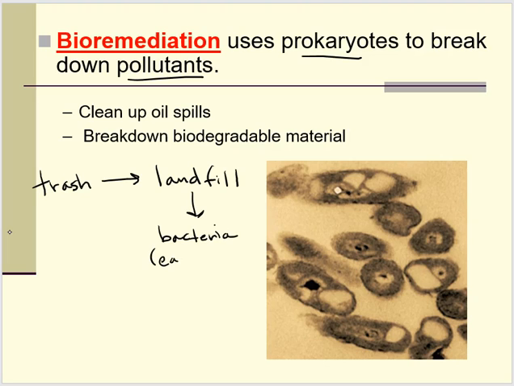Some bacteria eat plastic. They break the plastic down. Some are used to eat oil. They have bacteria now that if they have an oil spill in the ocean, they can spray that. They collect it. You ever seen them collect it with the little buoys around it? They spray it with bacteria, and the bacteria eats the oil, and it goes away. All right? Helps to get rid of pollution. Clean up oil spills.